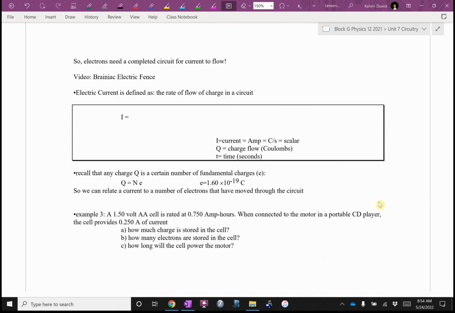Voltage, the amount of energy per coulomb. Now we're going to talk about current. The symbol for current is a capital I, and it's defined as the rate of flow of charge. Anytime we talk about the rate, we're dividing by time. And what's our symbol for charge?